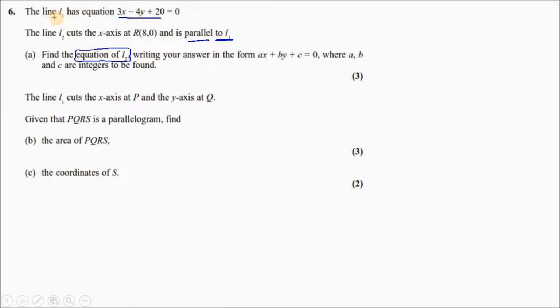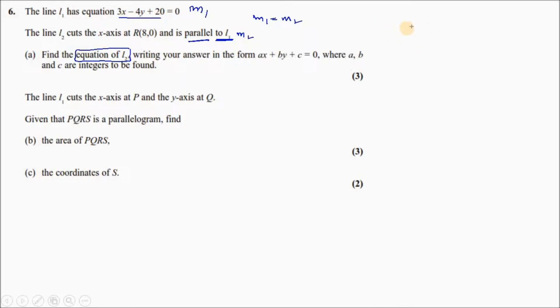Meaning if the gradient of line L1 is m1 and the gradient of line L2 is m2, then because of the parallel condition, m1 is equal to m2. So if we figure out the value of m1, we can have the gradient of L2. We have the equation 3x minus 4y plus 20 equal to 0.